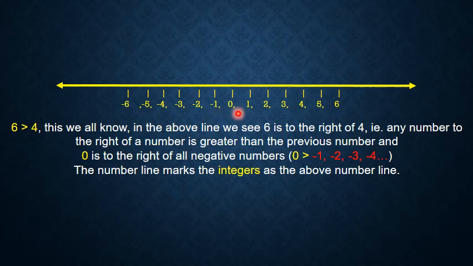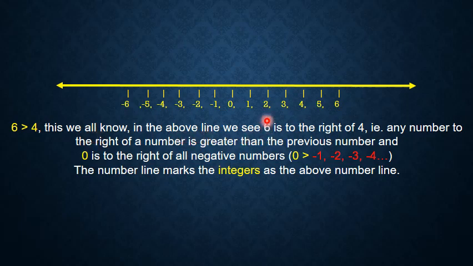On this number line, if we see 0, 1, 2, 3, 4, 5, 6, numbers are in increasing order towards the right, and minus 1, minus 2, minus 3, minus 4, minus 5, minus 6, minus 7 are in the decreasing order towards the left. So if we see 6, we know it is greater than 4.